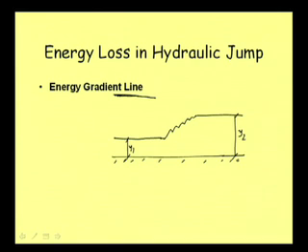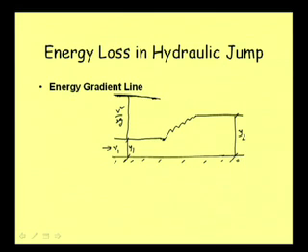So, this is y1, and this is V1. This total energy is y1 plus V1 square by twice g, and it is gradually coming down when it is moving downstream. Up to this point, we are not having hydraulic jump.